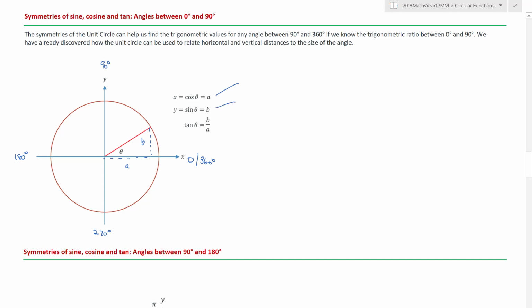My y is equal to the sine. So my cosine values are now A, my sine values are B, my tan values are B over A. Why? Well, just remember that tan theta is equal to sine theta divided by cosine theta. So great, that's useful. We're going to use that as a reference.